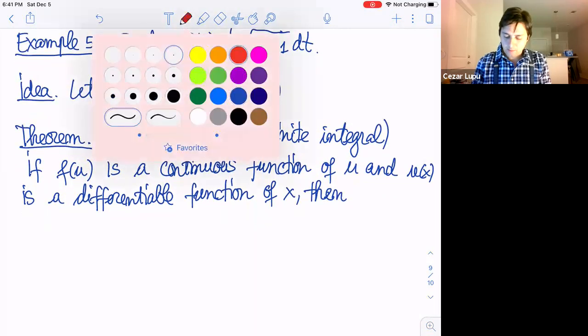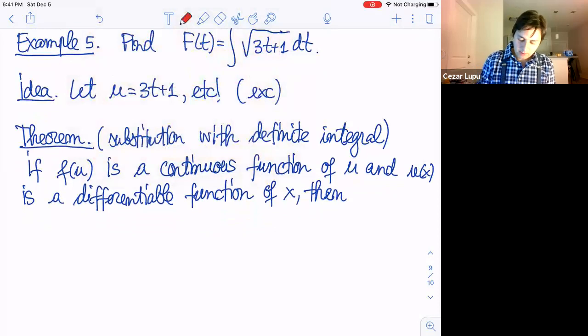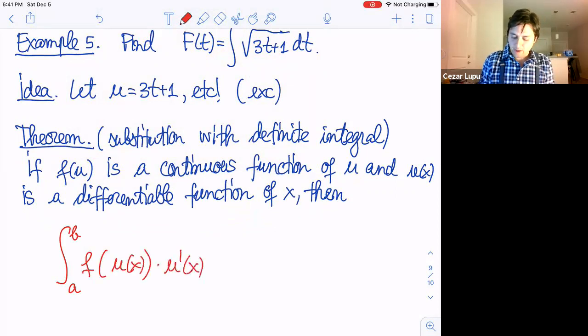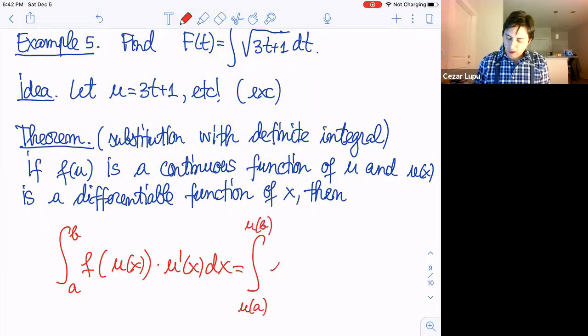Let me write it in this way. This is the integral from a to b of f of u of x times u prime of x dx. This will be the integral from u of a to u of b of f of u du.